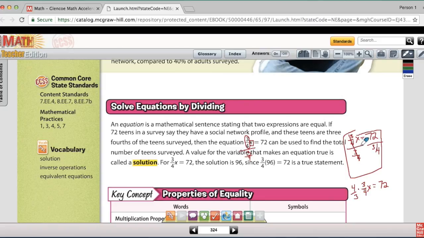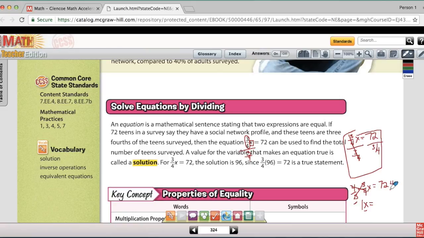So dividing by 3/4 is the same thing as multiplying by the reciprocal. And we do that so that the 4's and the 3's cancel out. That does not make it 0, it just means that 4/3 times 3/4 is 1x, or just simply x. And we know in math, whenever we do something to one side, we always do it to the other.